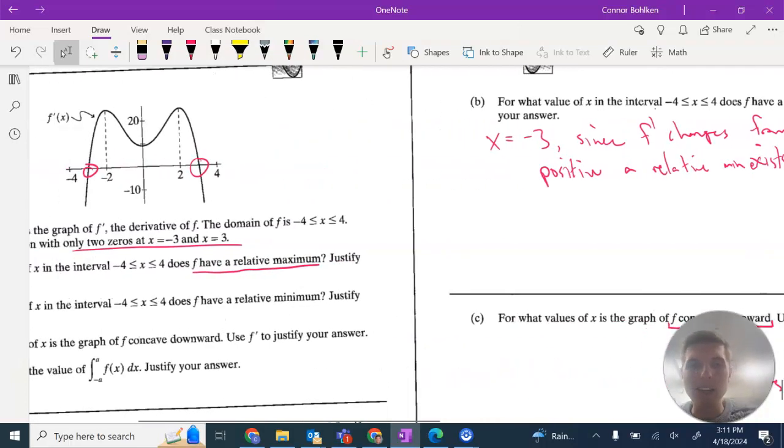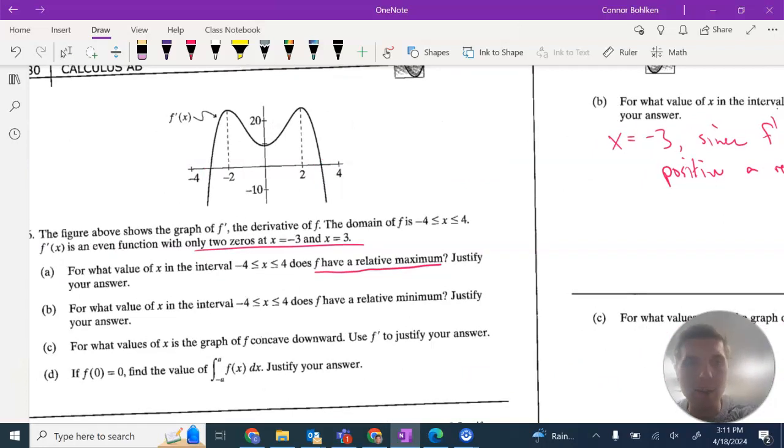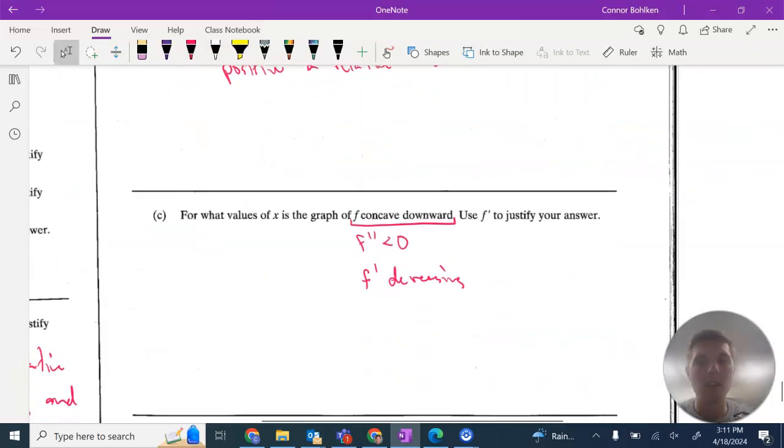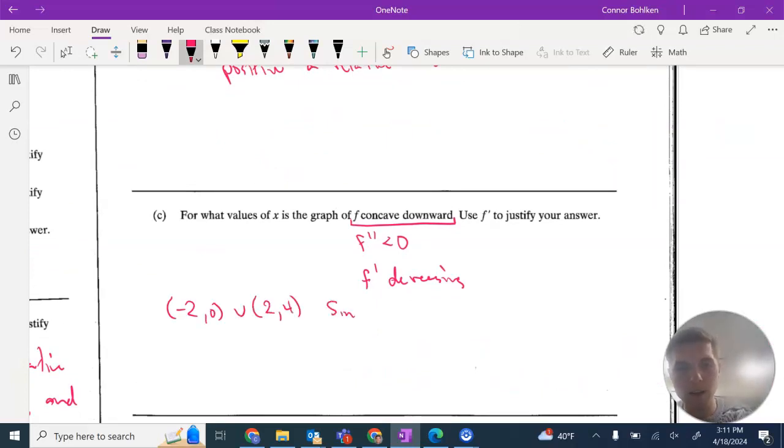Where is f prime decreasing? Let's go back to our graph here. It's this chunk from -2 to 0, and then from 2, some might say to infinity, but the graph stops at 4. So from -2 to 0, and from 2 to 4, since f prime is decreasing.